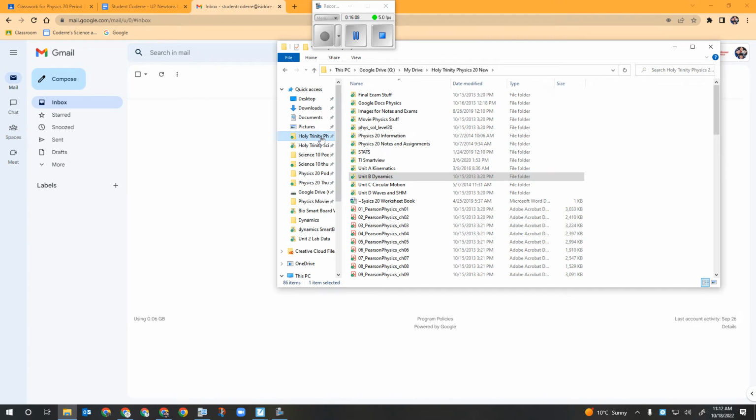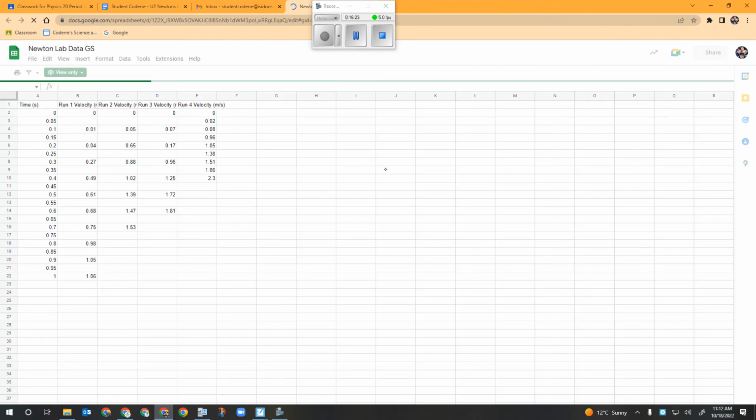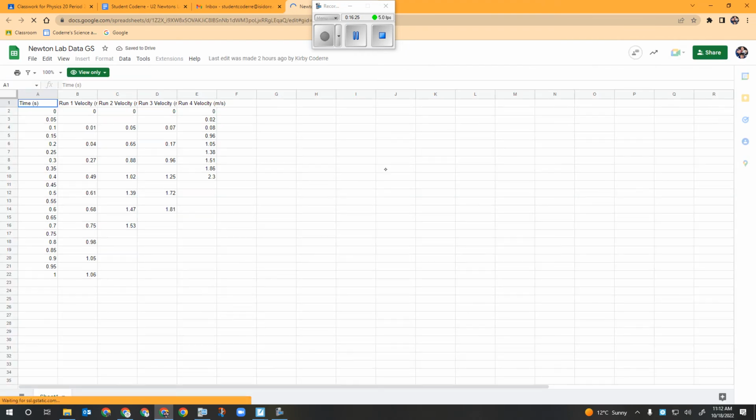So you'll need time for run 1, and velocity for run 1, run 2, run 3, run 4. Because what we want to have at the end of all this is this. We want to have our time and our velocity data for each run. That's all we need.